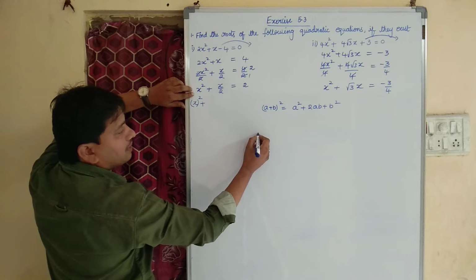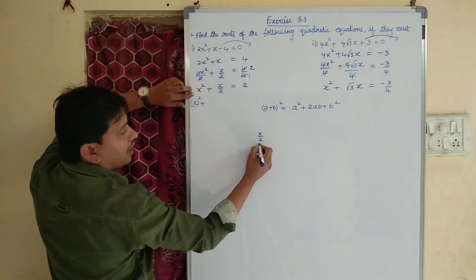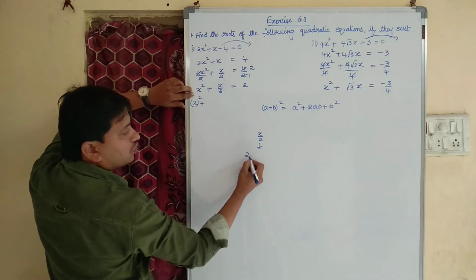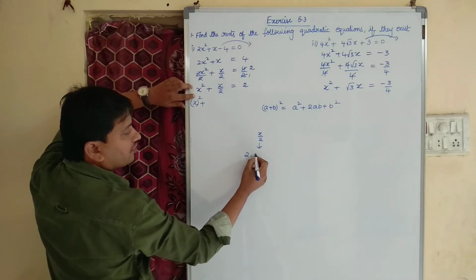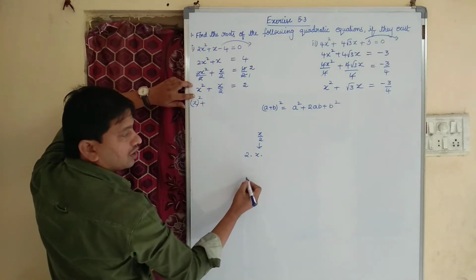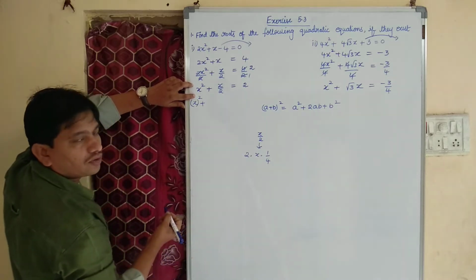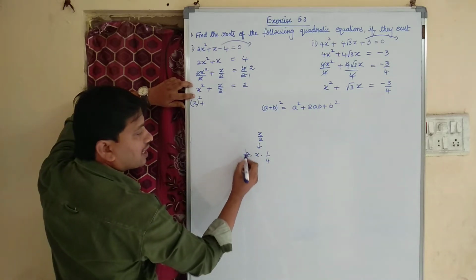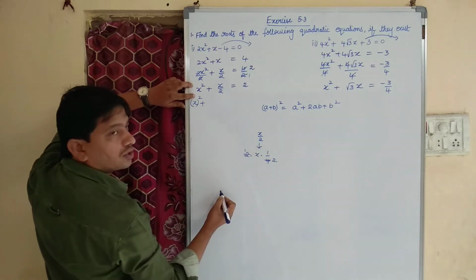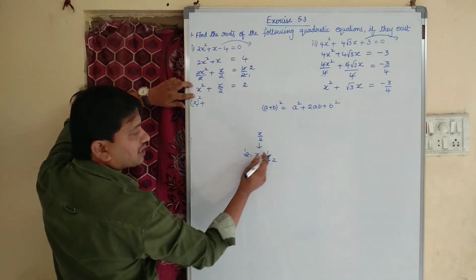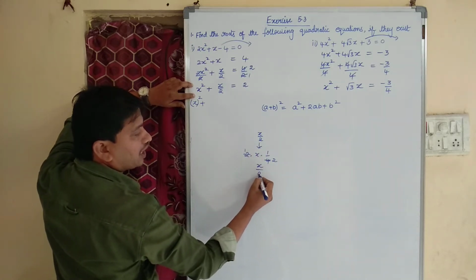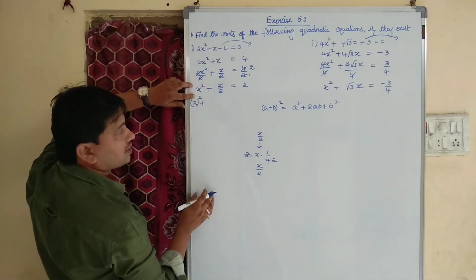How can I write x by 2? As per our convenience, I can write 2, as the value of a is x. And what about the value of b, children? The value of b is 1 by 4. Why? Because if I cancel 2, 2, 1 into x, I will get x by 2. Okay students?